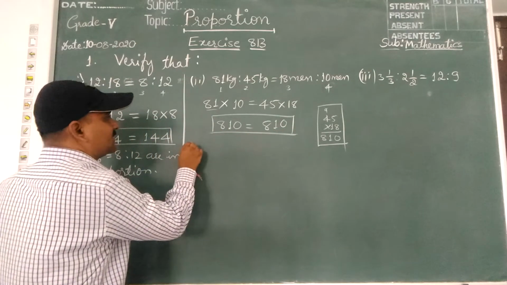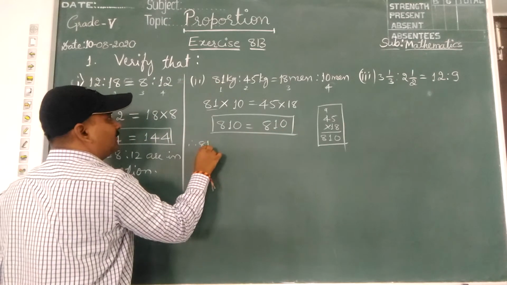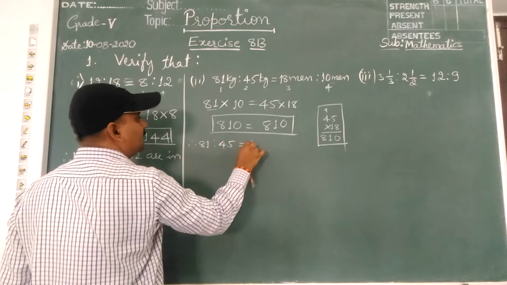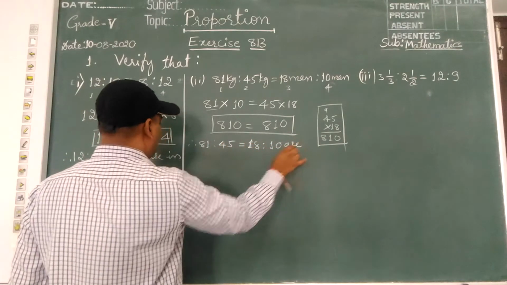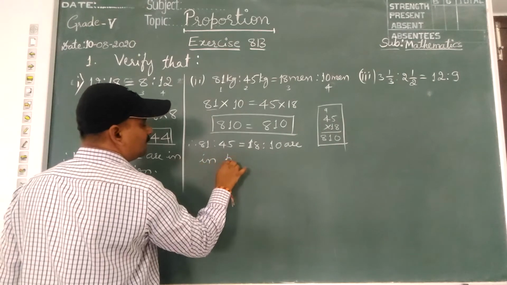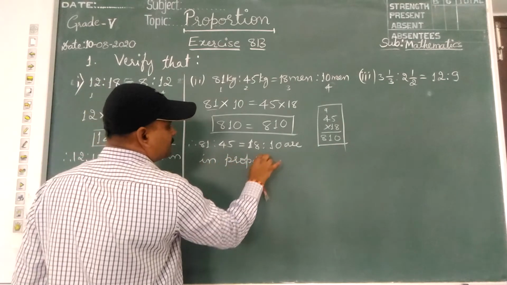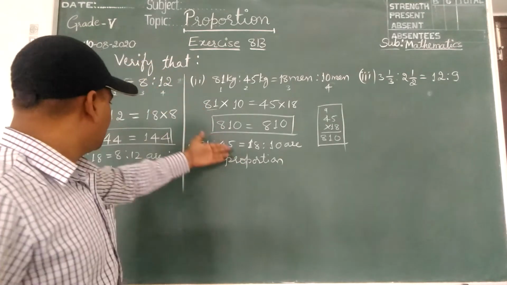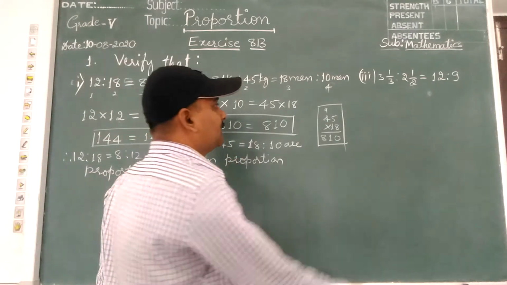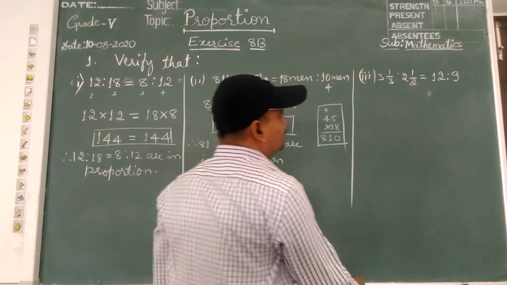Hence we can say that 81 is to 45, 18 is to 10 are in proportion. See children, we are verifying. Okay.